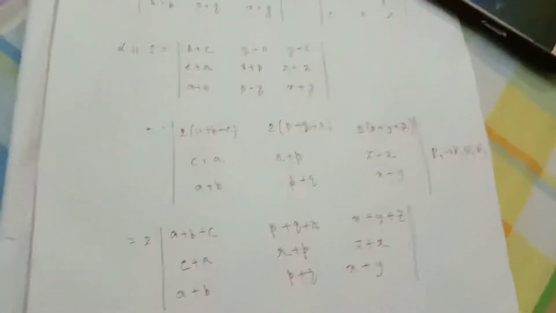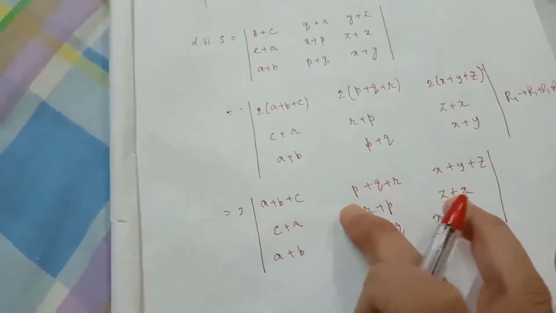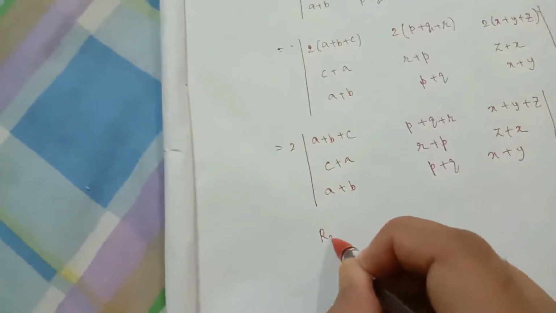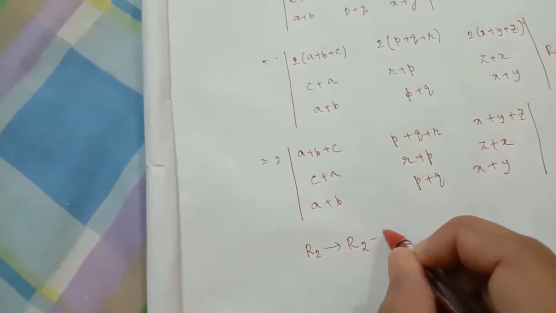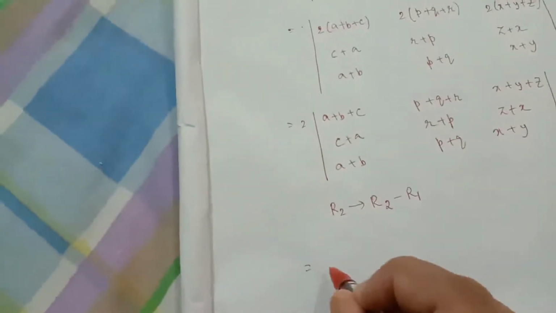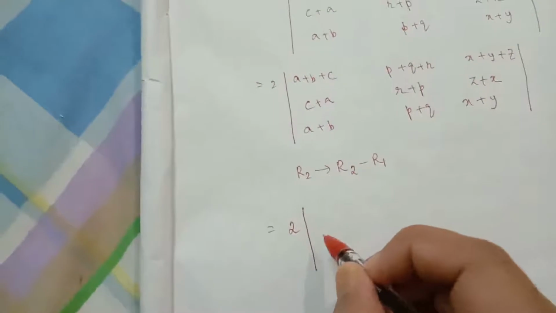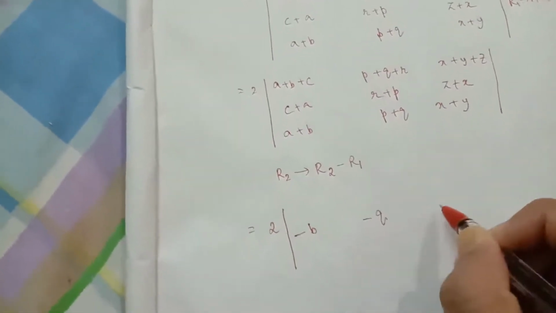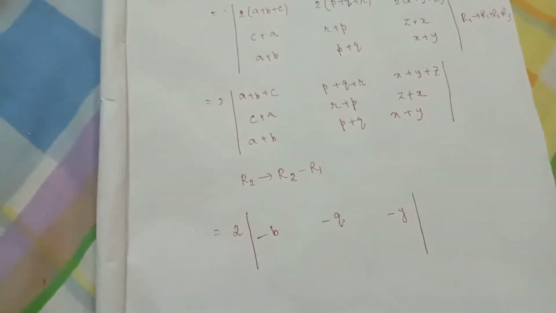Now if we replace R2 by R2 minus R1, then our R2 will be this minus this, so we'll get minus of B, minus of Q, minus of Y. Okay.